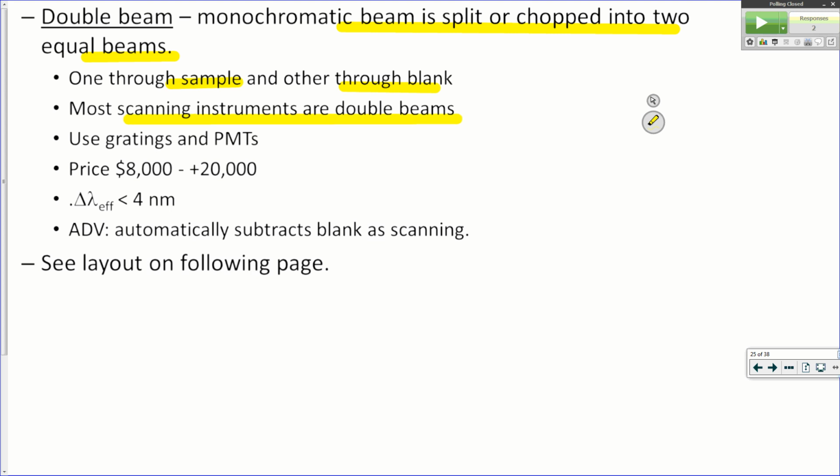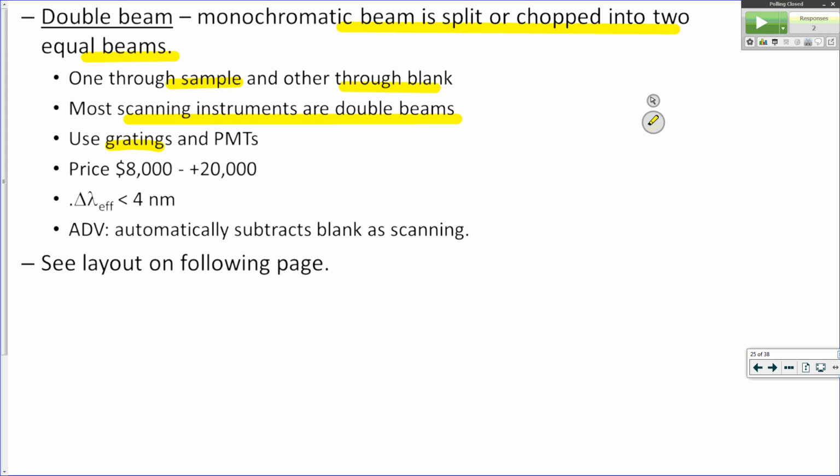Why do you think it would be an advantage to have a dual beam scanning instrument? I mean, you can always have the reference, like a blank. Okay, and since you've got both signals at once, it automatically subtracts them out. So when you do a scan, you don't have to go back to subtract anything. It's automatically corrected, so this allows for automatic correction of your blank.